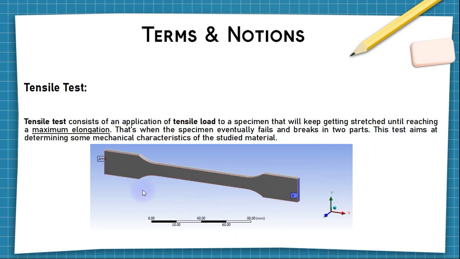So note well, the rupture might happen in the middle, as it can happen here or anywhere. So you have to consider where the most vulnerable point is in the specimen. So the test aims at determining some mechanical characteristics of the studied material.